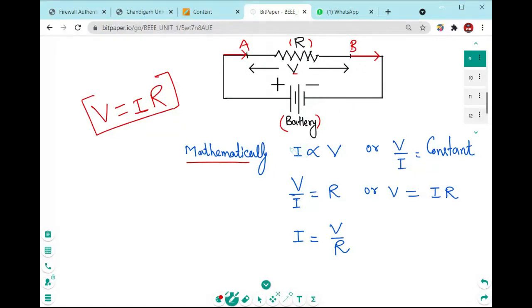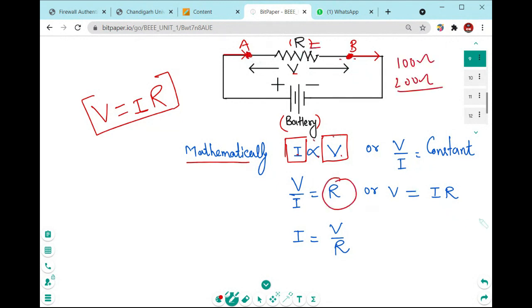According to Ohm's law, this current is directly proportional to the potential difference from point A to B.